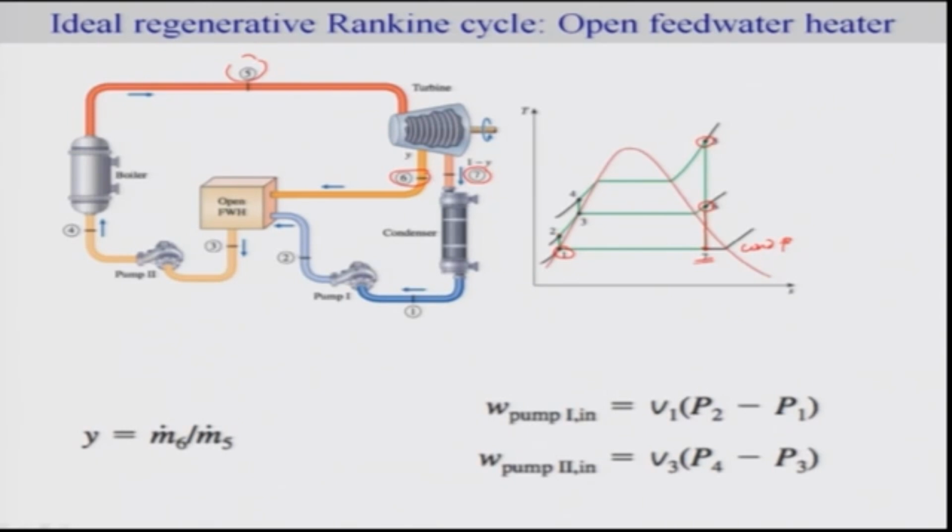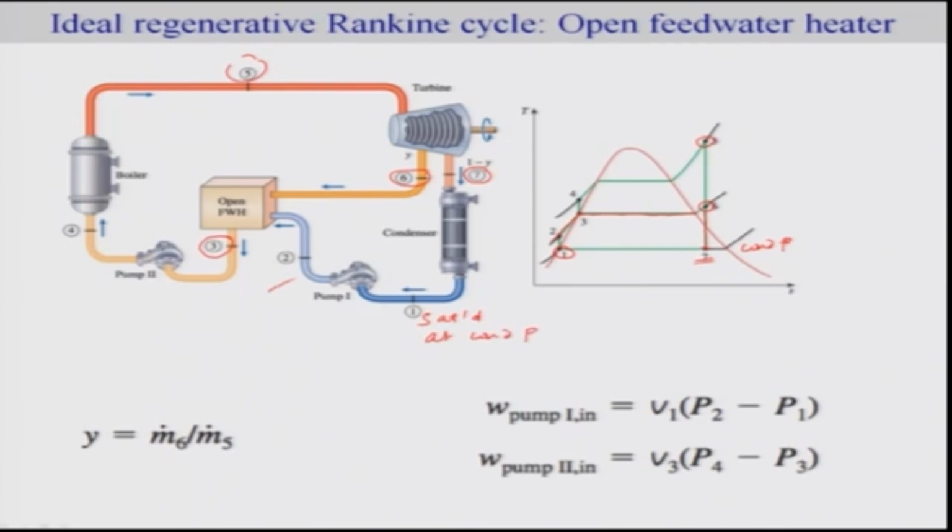Now we are going to mix 6 and 2. 6 and 2 are at the same pressure. So they mix, and it goes up along this constant pressure line to this point, such that it is saturated liquid. This is, of course, saturated liquid at condenser pressure.